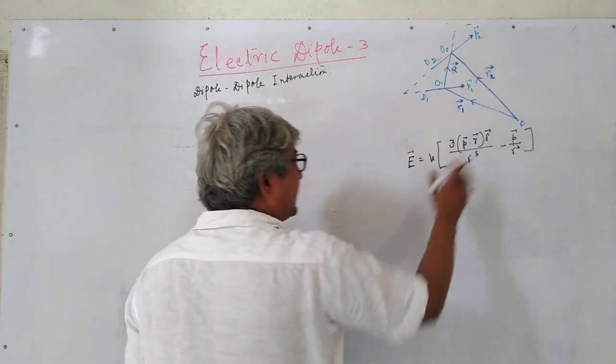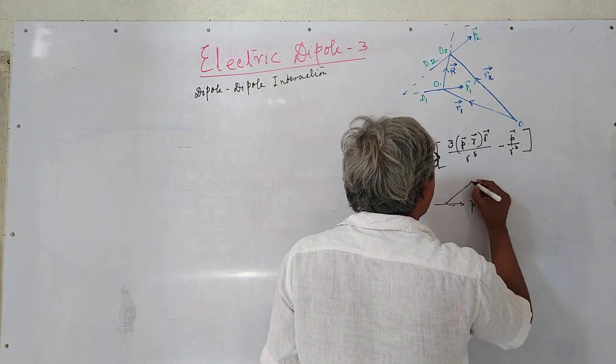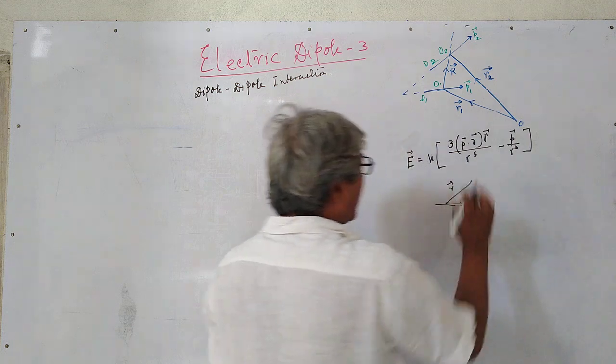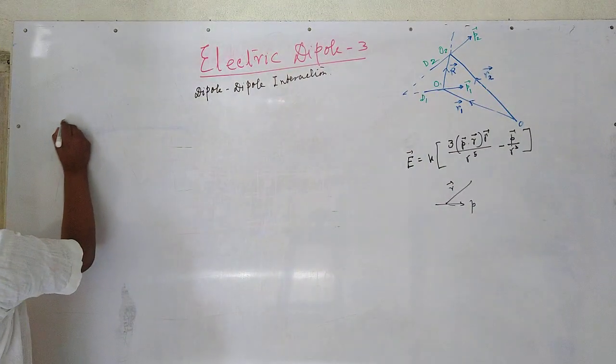This is the field that a dipole of moment P produces at a distance r from the center of the dipole.